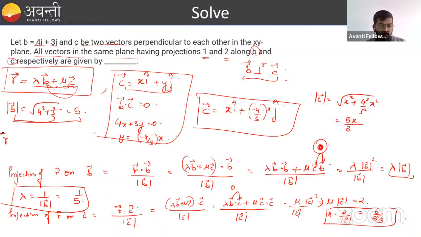Okay, let's find out. So we will do r bar is lambda times 1 by 5 times 4 i cap plus 3 j cap, right?